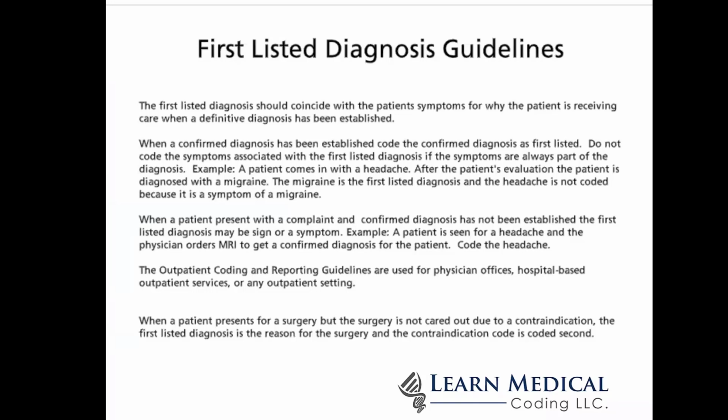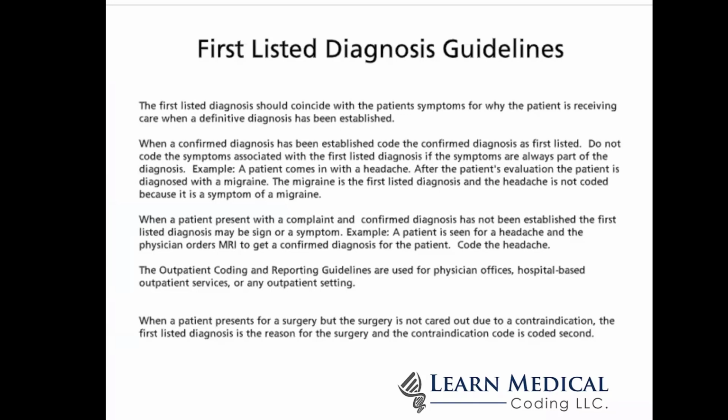So for example, a patient comes in with a sore throat, the physician examines and works up the patient and finds out that the patient has tonsillitis. So you would code tonsillitis as your first listed diagnosis, or your principal or primary diagnosis, because that's what's associated with the symptom for why the patient came in.